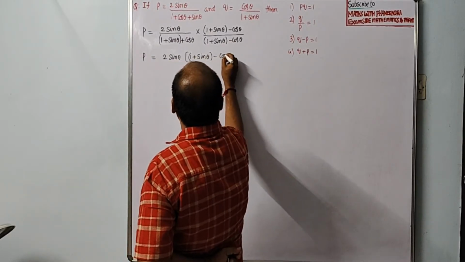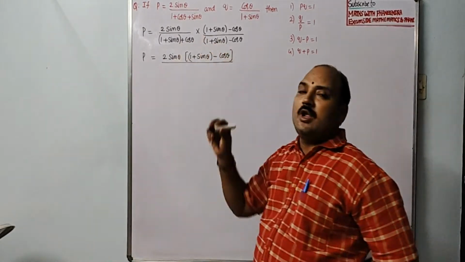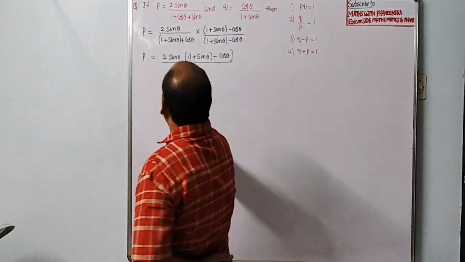The denominator is of the form (a plus b) into (a minus b), so a square minus b square.